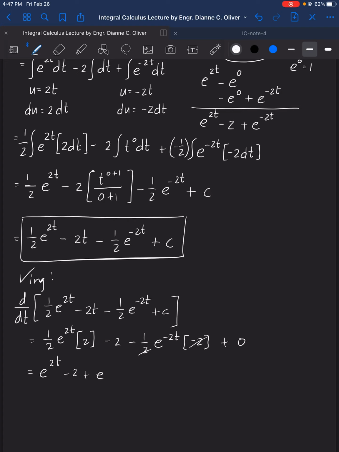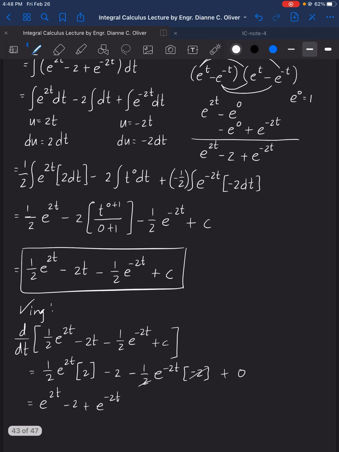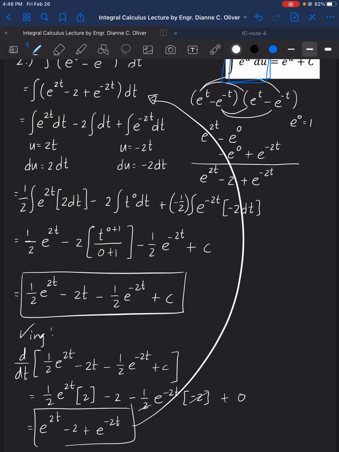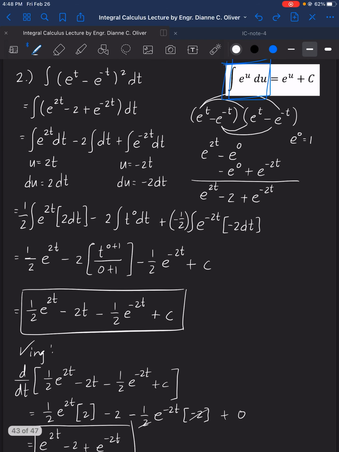So this is e raised to negative 2t. Okay? So this is the same with the given, the expanded form. Since it's the same, therefore this answer is correct. Now that's for number 2.